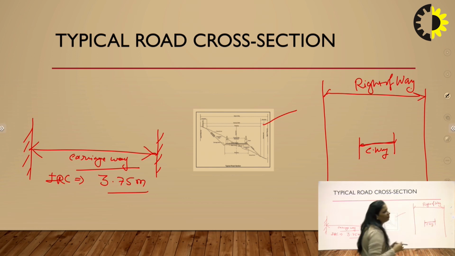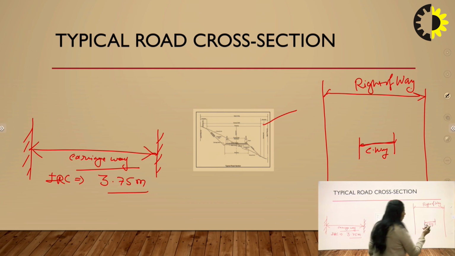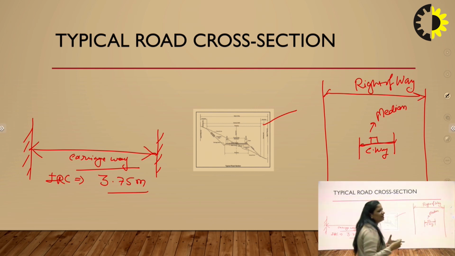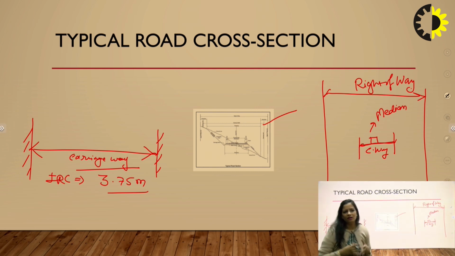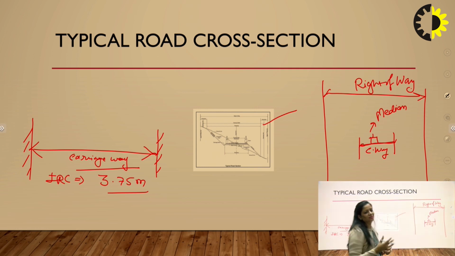If we are designing a multi-lane project, then there must be a median. The median acts as a traffic separator between two different lanes. Here you can grow vegetation, trees, plants.